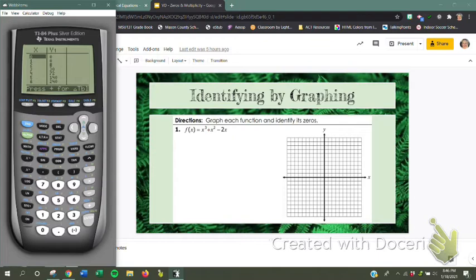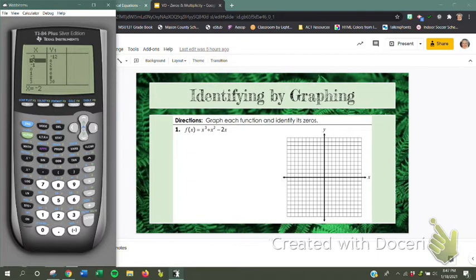We decided that our zeros were at -2. If we scroll to -2 on the x values, we see that that equals 0 as a y value. That means that we are correct that x equals -2 is in fact a zero of this polynomial.